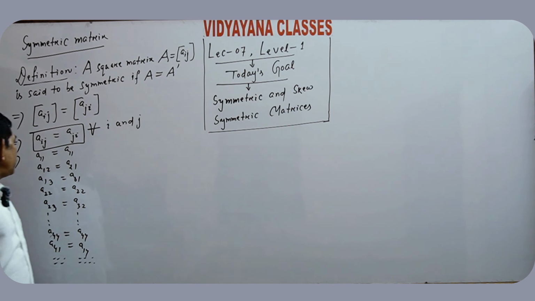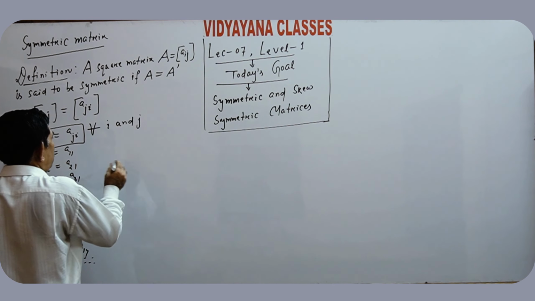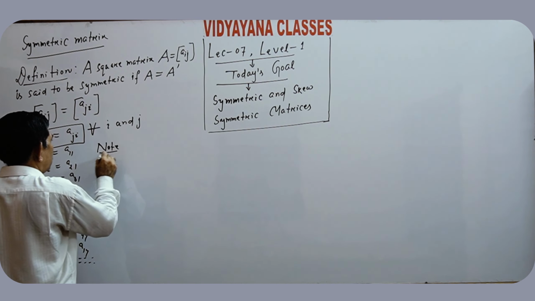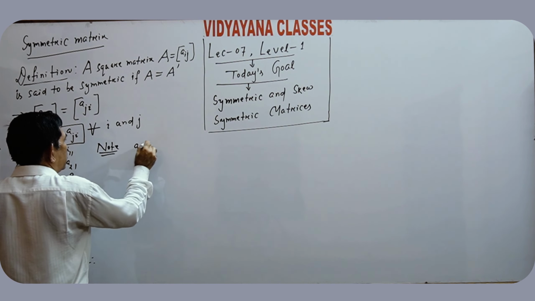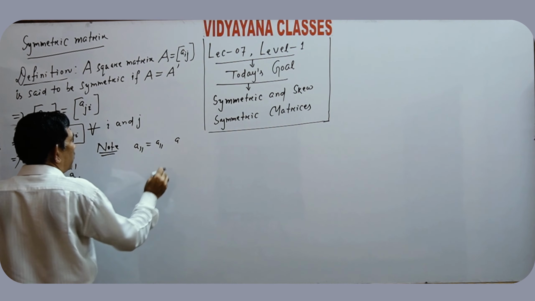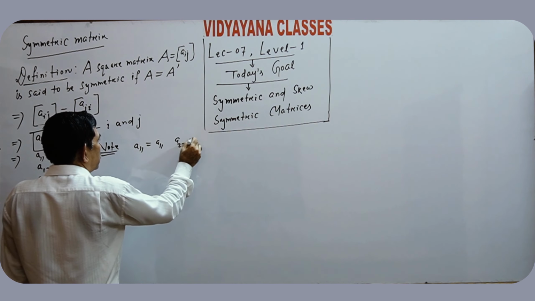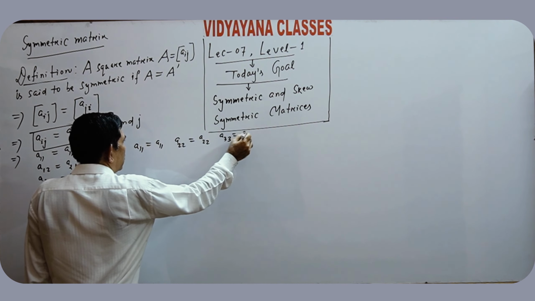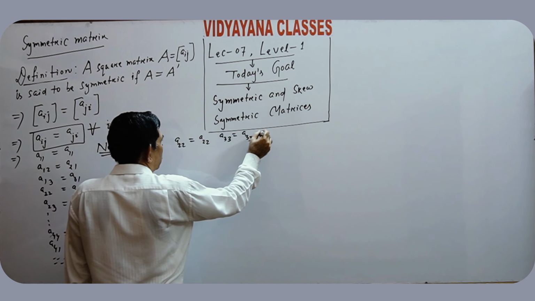From the definition, we have to note: A11 is same as A11, A22 is same as A22, A33 is same as A33, and so on.